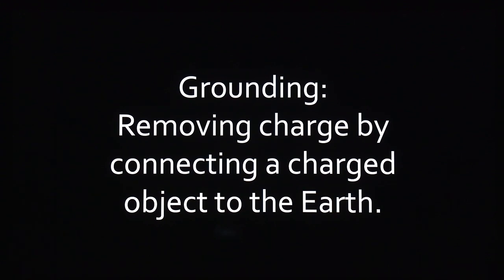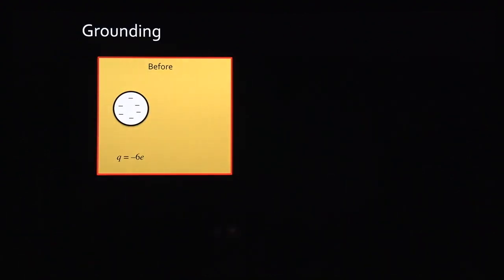Another term, grounding. And grounding is removing charge by connecting a charged object to the earth. Let's see how that works. So here's something before. It's got 6 extra electrons, so it has a charge of negative 6e.